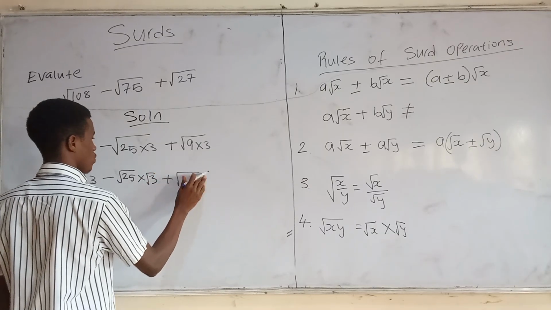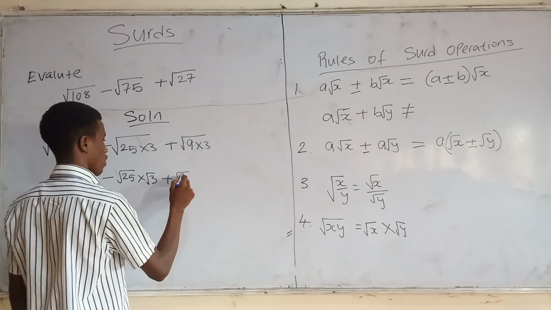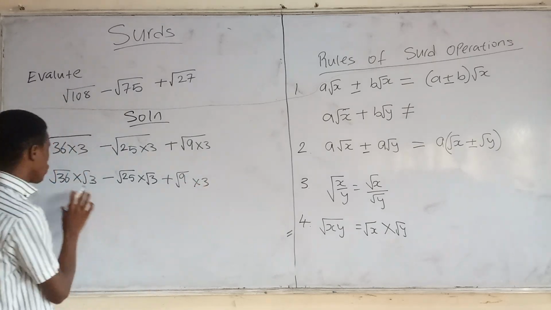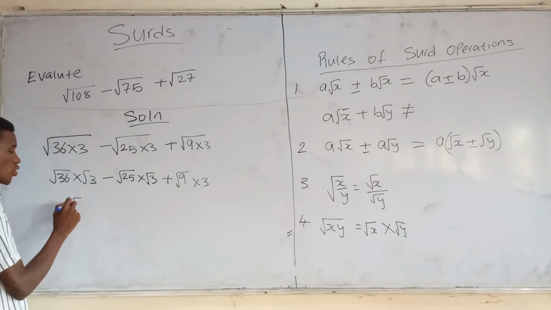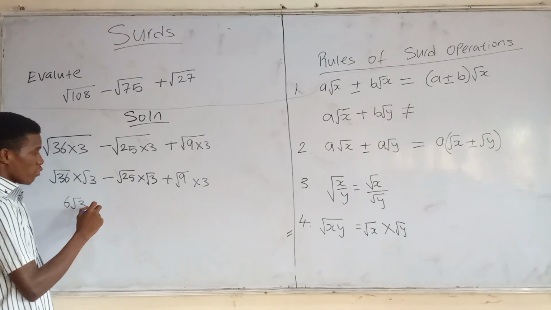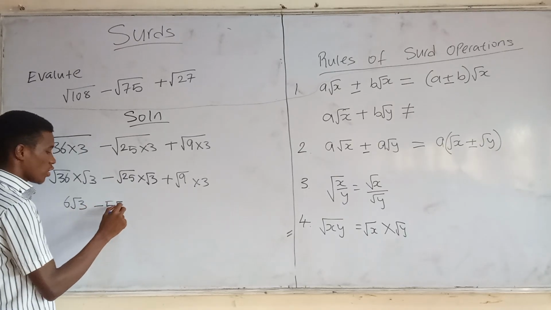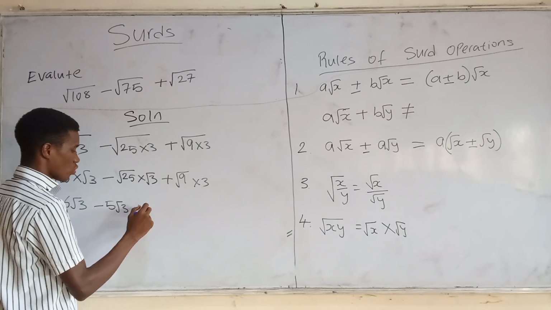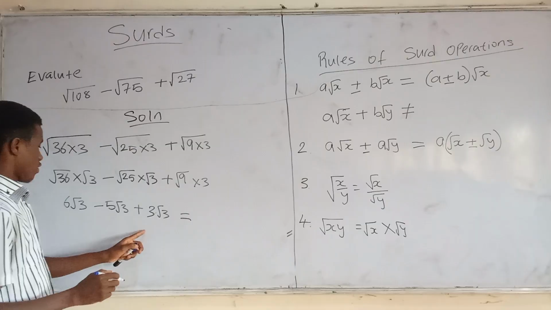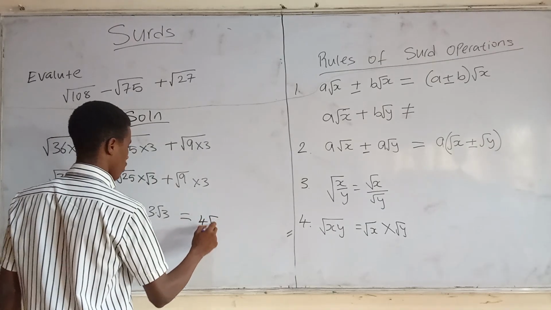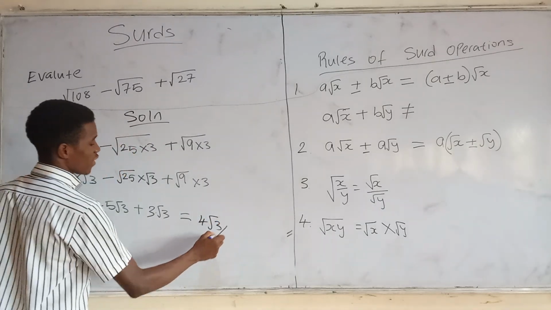Plus surd 9. So what do we have here? 6 root 3 minus 5 root 3 plus 4 root 3. Okay, thank you very much.